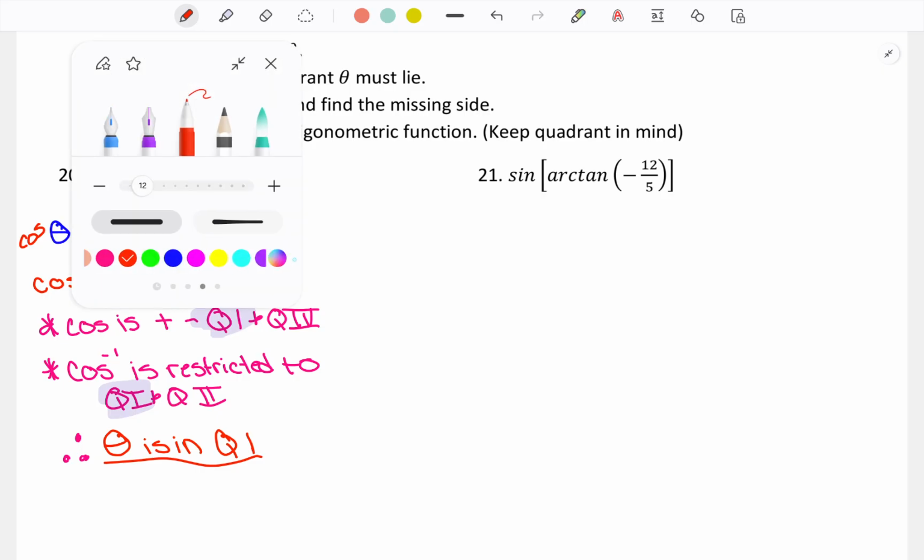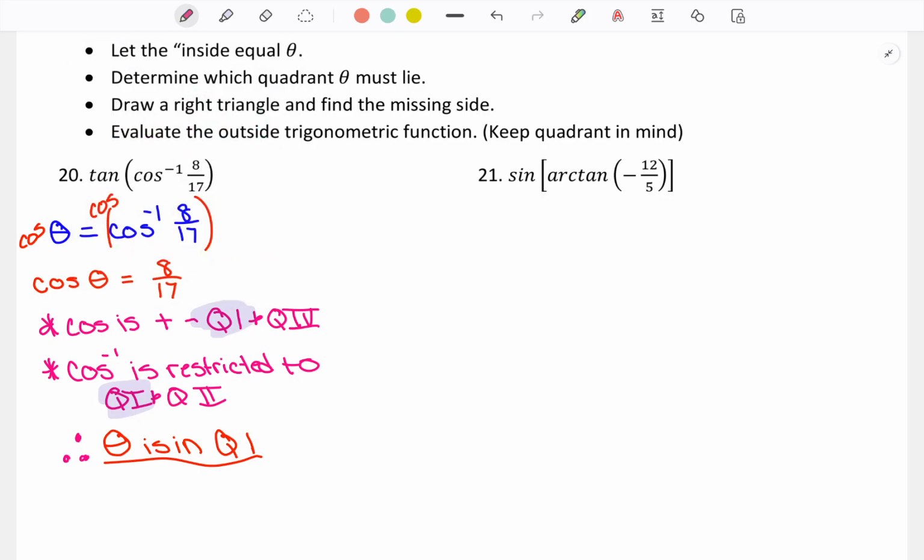So let's go ahead and look at what we know so far. We know that cosine of theta is equal to 8 over 17. So if we draw ourselves a triangle, we have cosine, so the adjacent side is 8. The hypotenuse is 17.